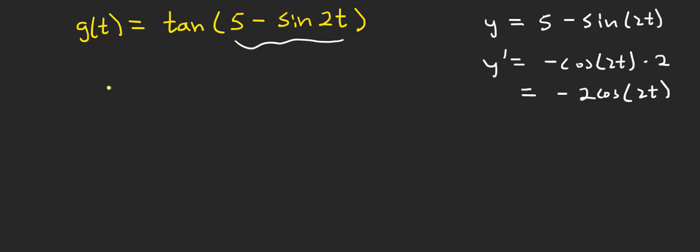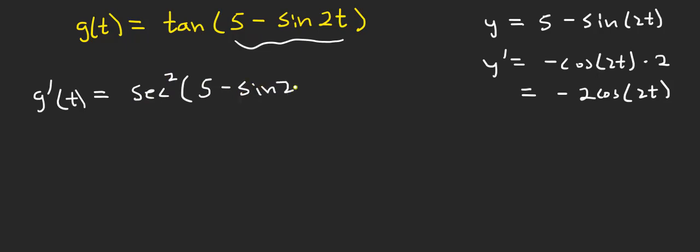Now, what's the derivative of the whole thing? If you want to find g prime of t, what's the derivative of tangent? It's secant squared of this, 5 minus sine of 2t, times the derivative of the inside, which we already found, the quantity negative 2 cosine of 2t.